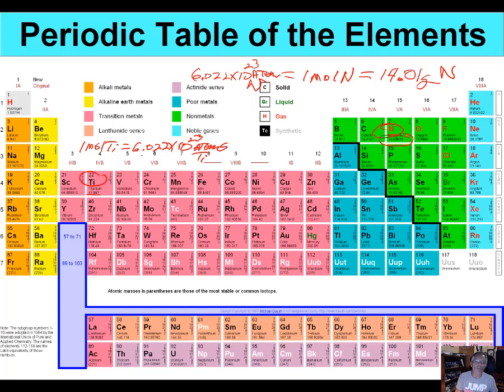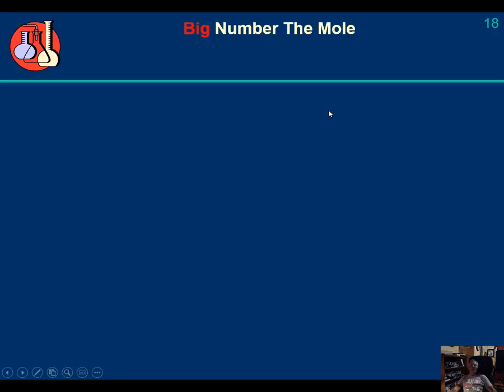And those 6.022 times 10 to the 23rd atoms of titanium mean I have 47.87 grams of titanium, and I'm just rounding to 2 decimal places. So 1 mole of titanium equals 6.022 times 10 to the 23rd atoms of titanium, which equals 47.87 grams of titanium. Okay, hopefully you're beginning to understand what the mole means.